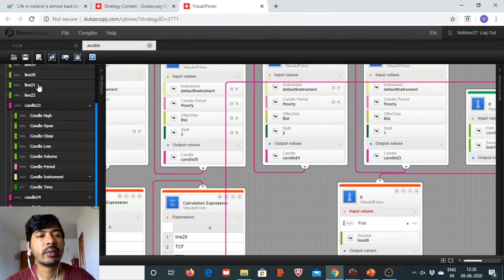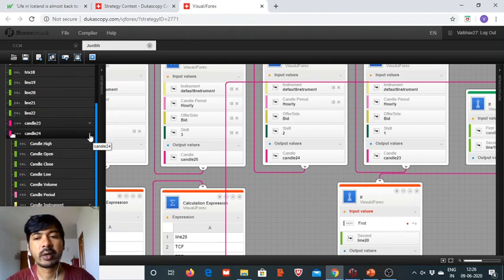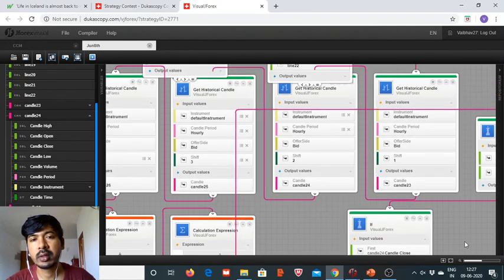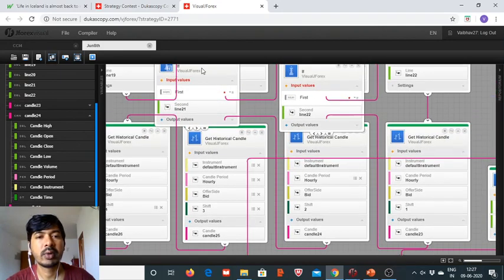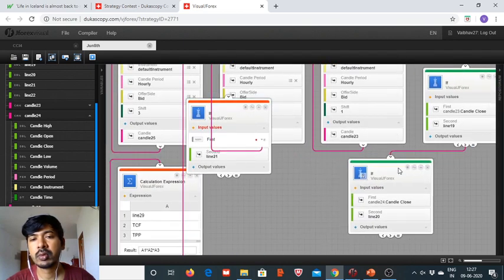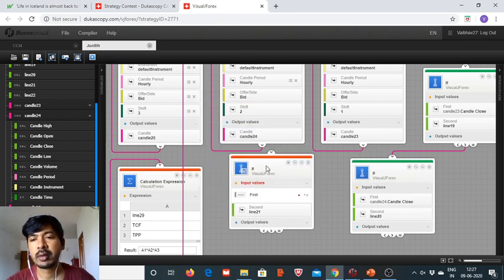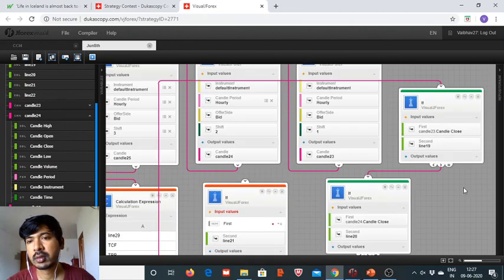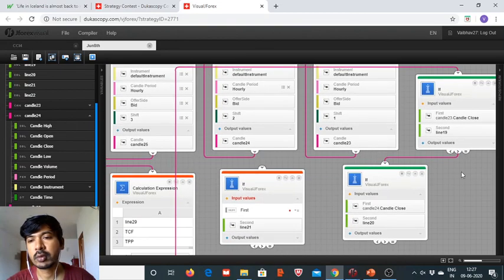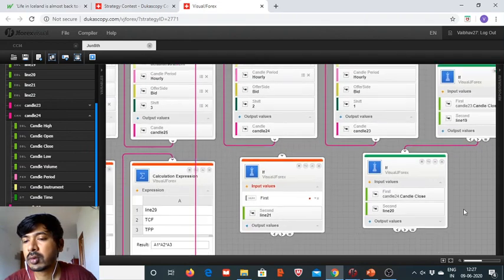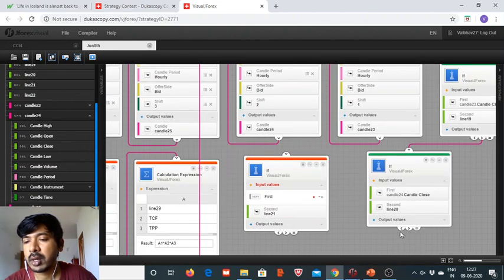So we take the candle 24's closing level, candle close, and then we define the condition line 21, and then we have to do is compare it with the candle 25's closing level and candle 24's close, that is the close level should have been less.